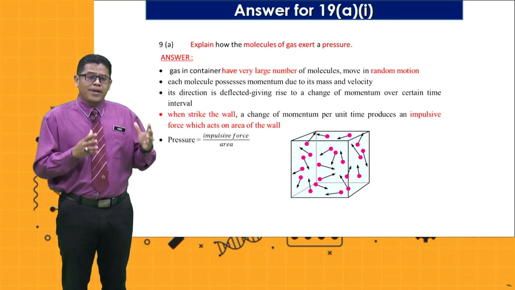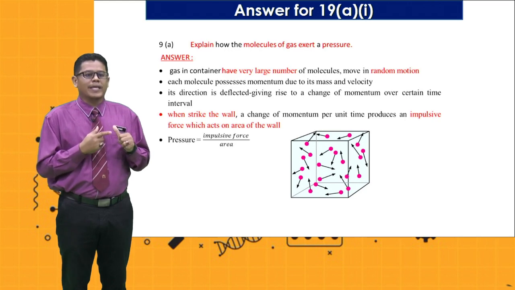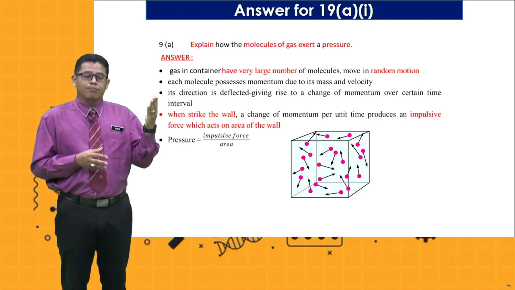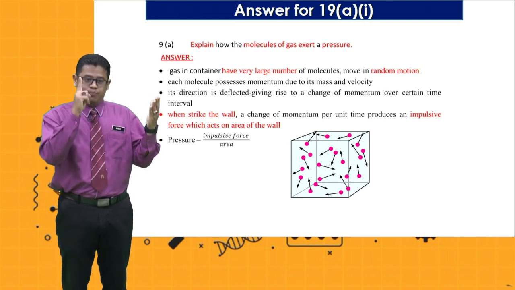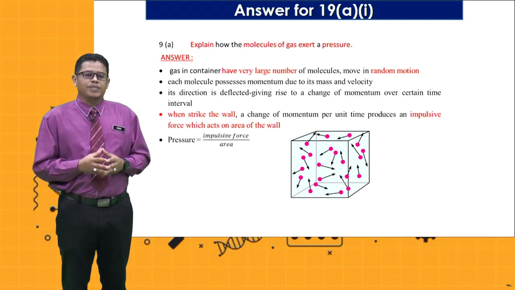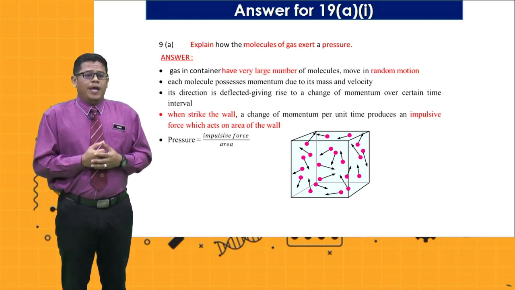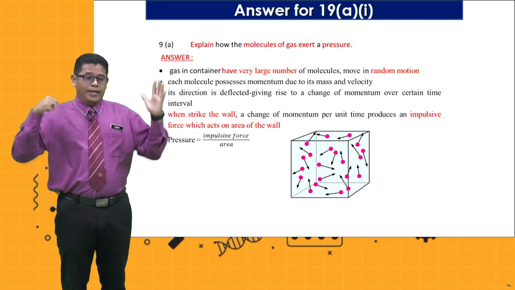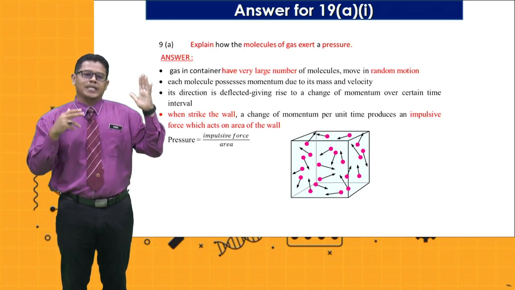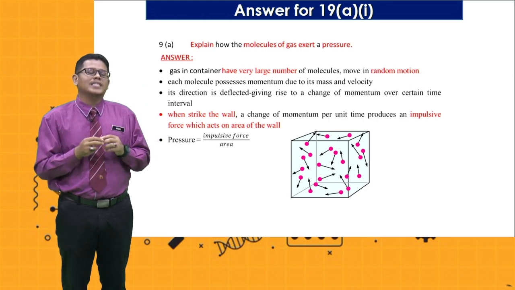If we rearrange the ideas listed, the answer would be: you start with gas in a container having a very large number of molecules that move in random motion. That is your first point. Then each molecule possesses momentum due to its mass and velocity. Its direction is deflected when it hits the wall of the container, so it changes direction. When the direction is deflected, it gives rise to a change of momentum over a certain time interval.